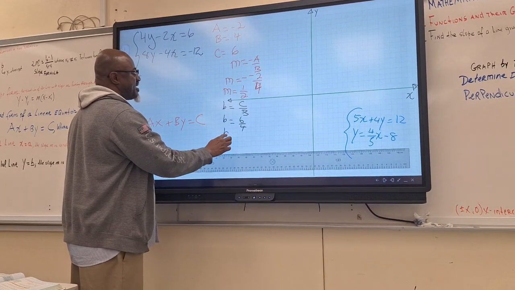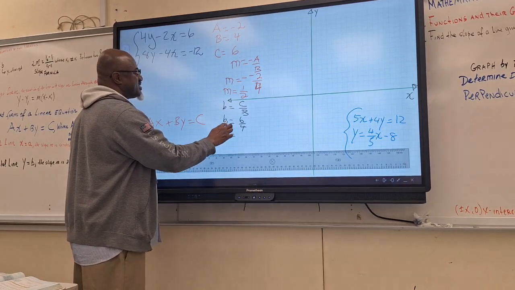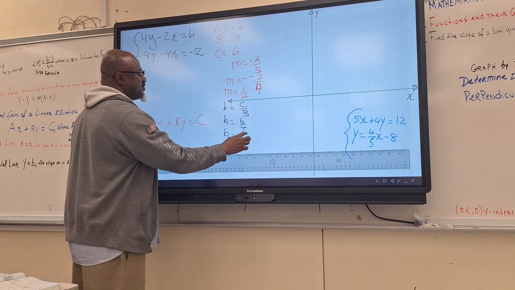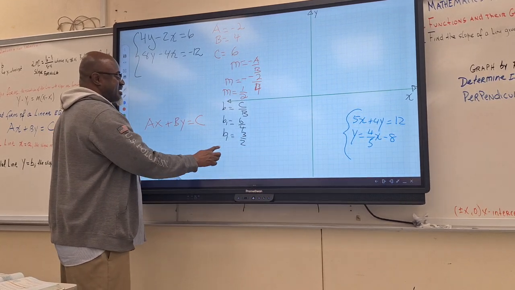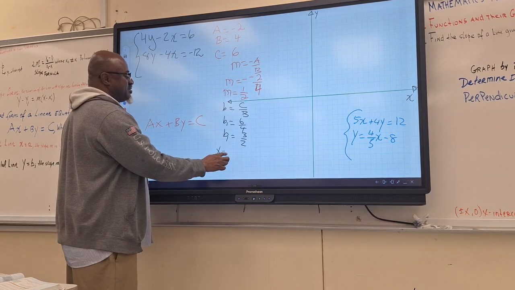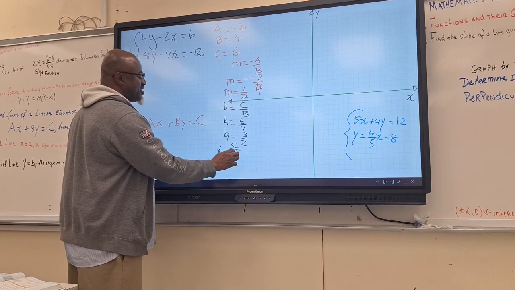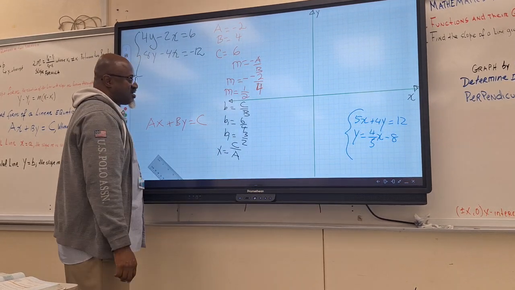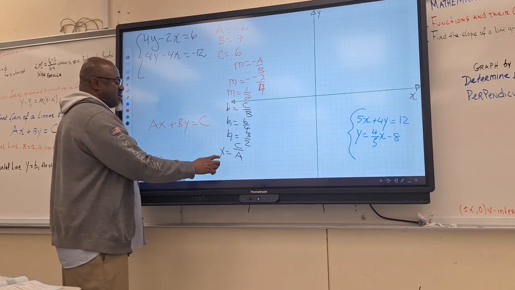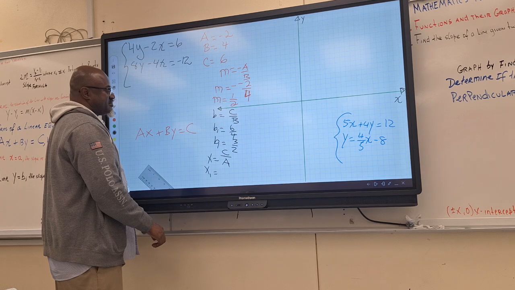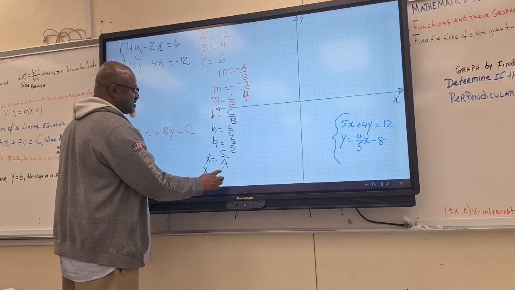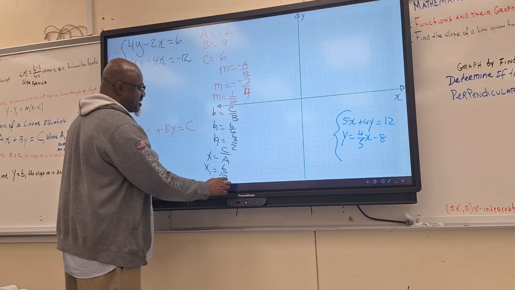When you simplify that, it's 3 over 2. Now to find your x-intercept, x equals C over A. In this case, what is your x-intercept? 6 over -2.